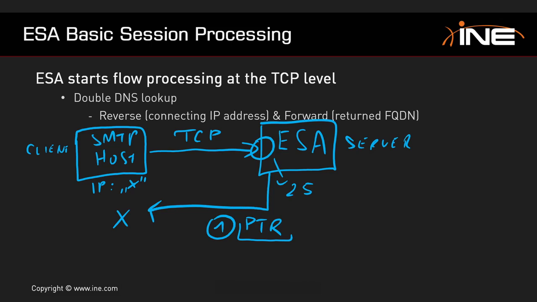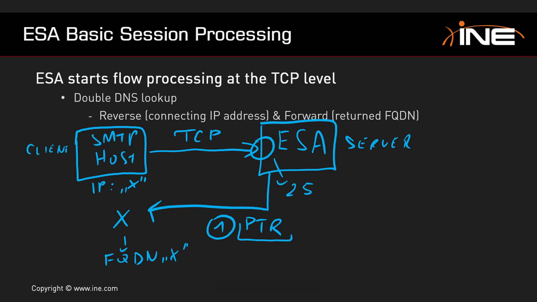Okay, so let's say that the result of this lookup is the following FQDN. Of course, what could potentially happen is that we didn't get a reply in this case, like if the X was not associated with an FQDN, but the assumption is that those lookups in our case will succeed.